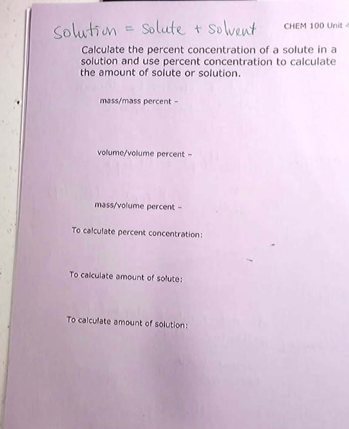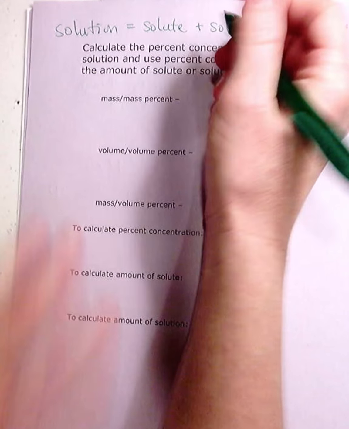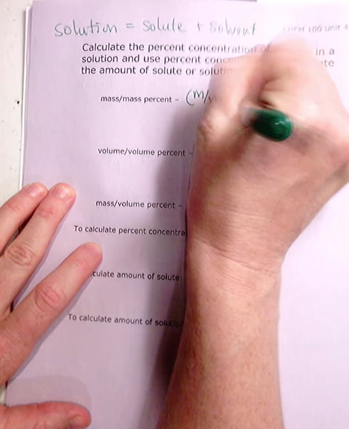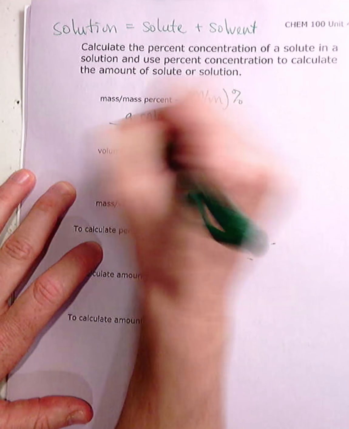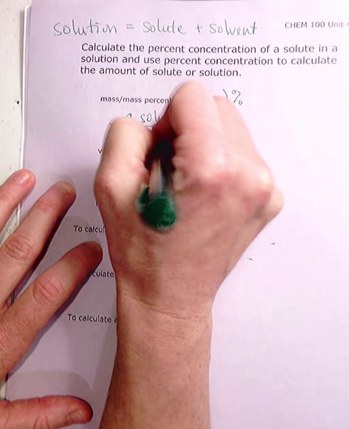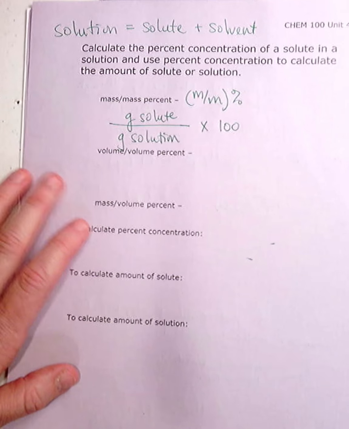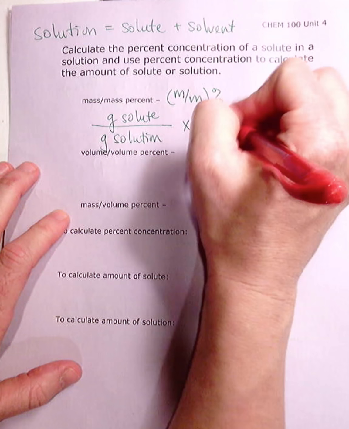There are three types of percent concentrations that we use in chemistry. The first one that I'm going to cover is mass percent, and that's grams of solute over grams of solution times 100. So the 100 we ignore for significant figures.